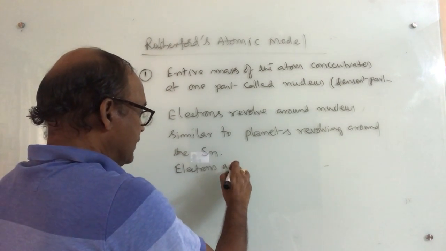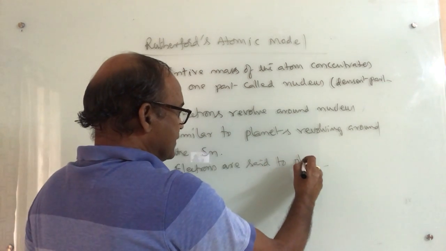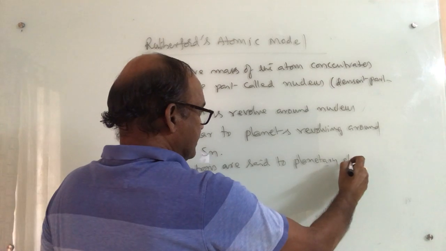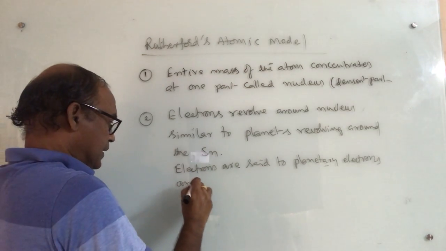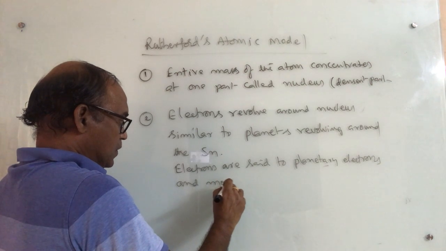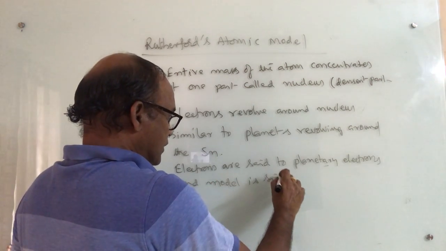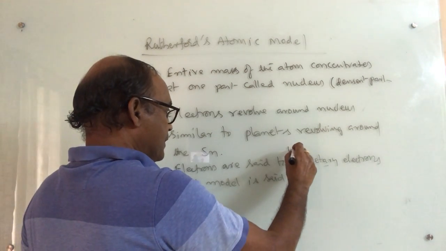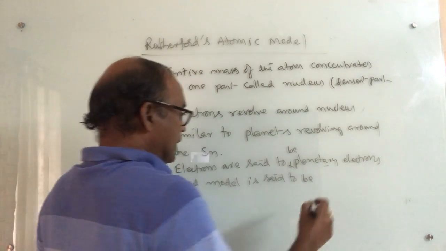Electrons are said to be planetary electrons, and the model is said to be the planetary model.